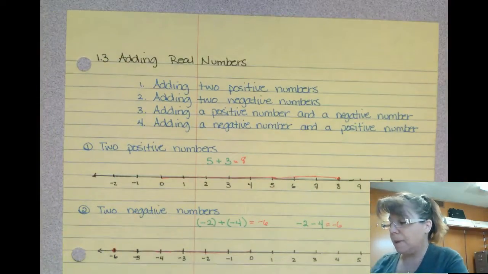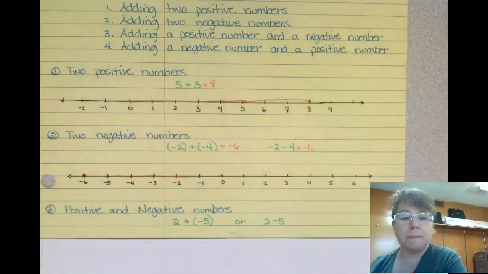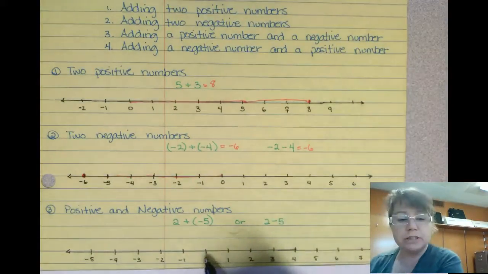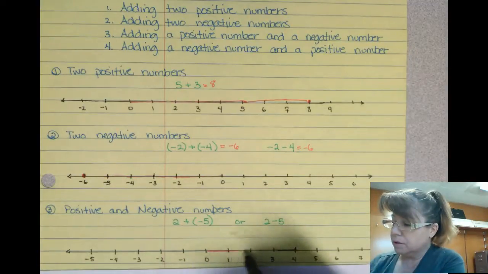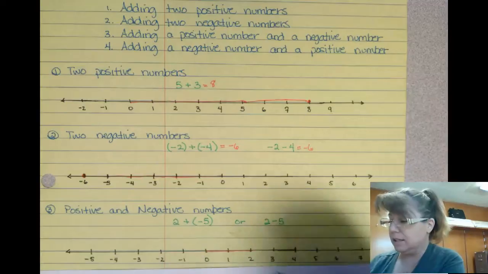So let's try a positive number and a negative number. So again, I'm going to start on the origin. I'm going to move 2 forward. And now I'm going to add a -5. But adding a -5 actually means going to the left 5 units.